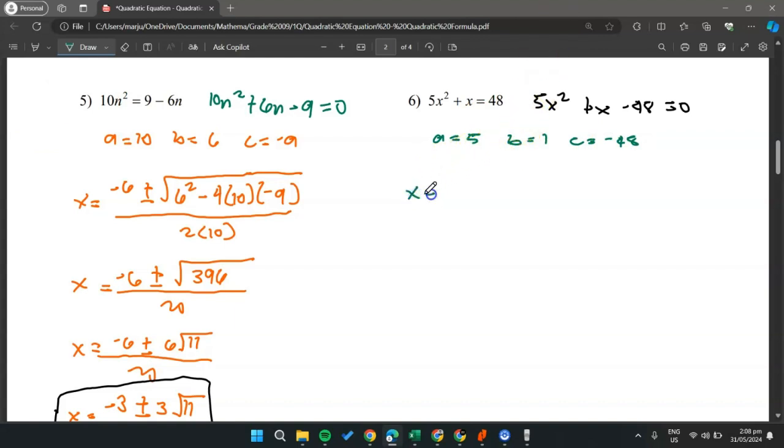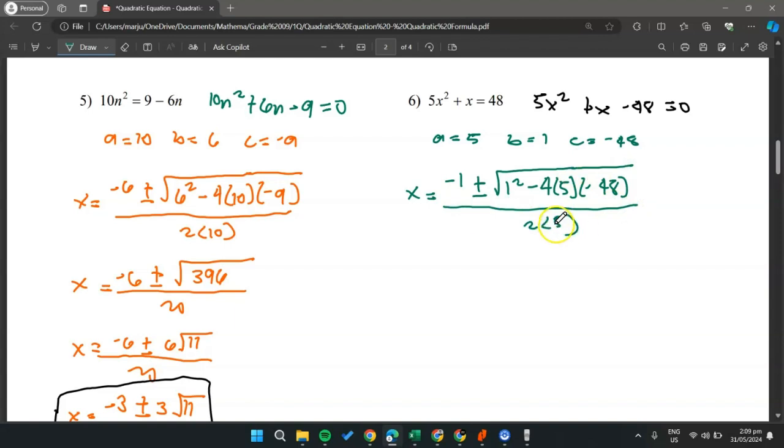So we will get x is equal to negative b, which is 1, so negative 1, plus minus the square root of b squared, so we have 1 squared, minus 4 times a, which is 5, times c, which is negative 48, and everything is all over 2a, or that is just 2 times 5. And then we are going to simplify.